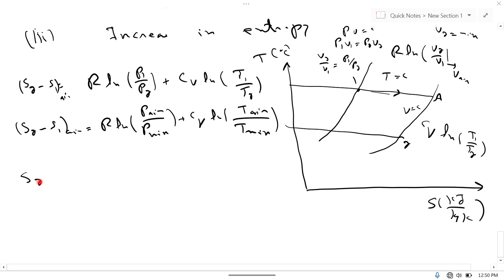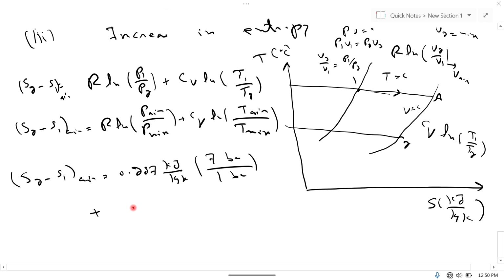So S2 minus S1 per air is equal to, putting values, R per air is 0.287 kilojoule per kilogram per Kelvin. Pressure per air is 7 bar, and pressure of mixture is given as 1 bar.